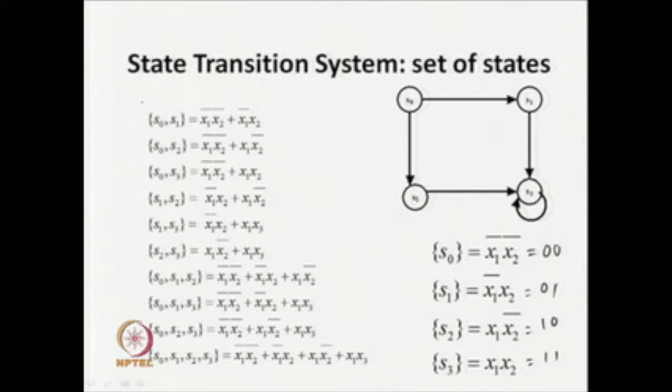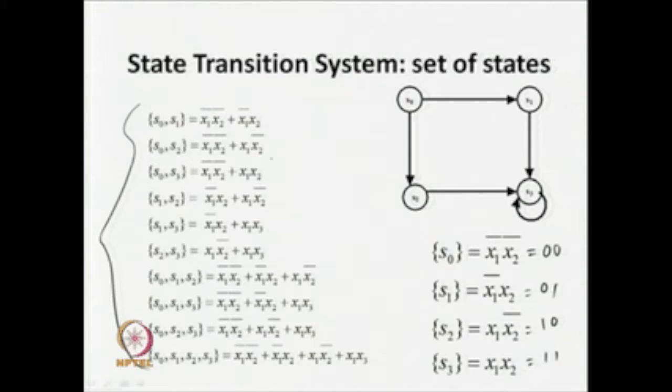Now, I can represent all those sets of states with the help of a Boolean expression, because S0 is represented by x1 bar, x2 bar, and S1 is represented by x1 bar, x2. So this is x1 bar, x2 bar plus x1 bar, x2. Similarly, S0, S2 is x1 bar, x2 bar plus x1, x2 bar.